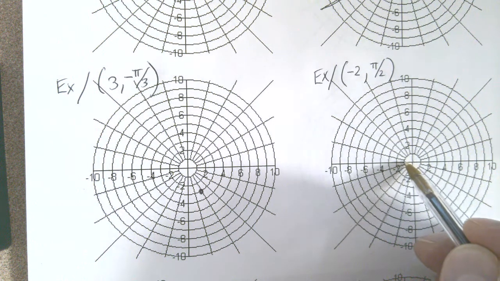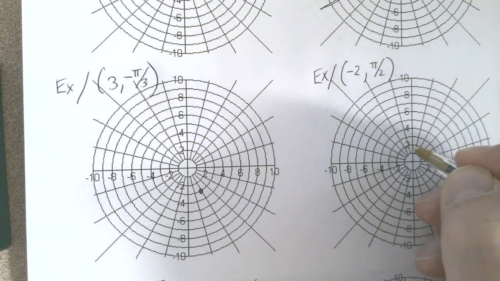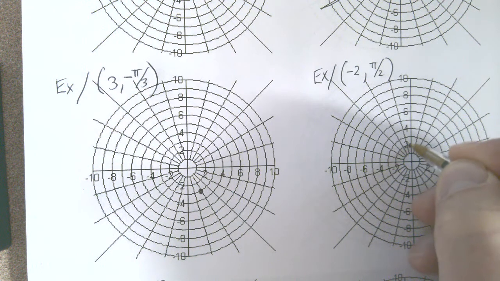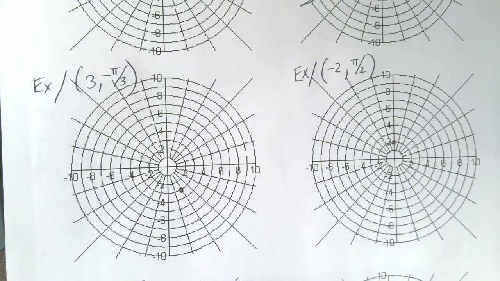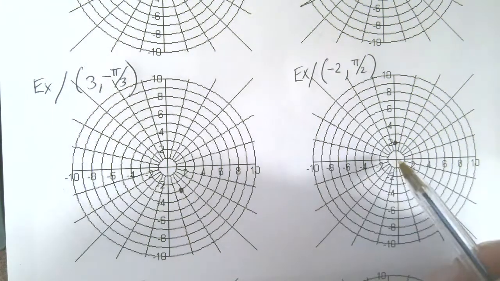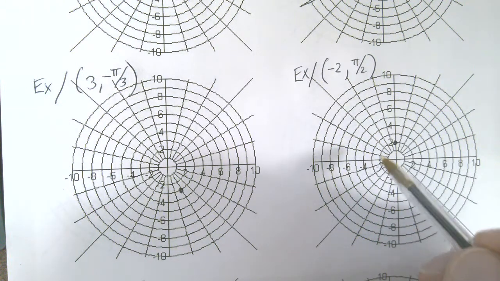We're going to go left 2, and then pi halves we're going to go around, so you would actually be right here. Does that make sense? So just keep in mind, if this is negative, you're going to go left, and then because that's a positive, we go.